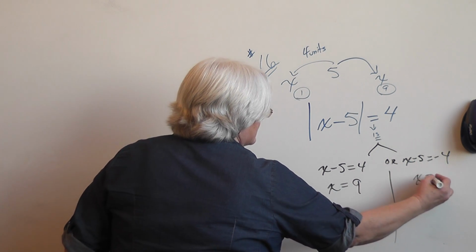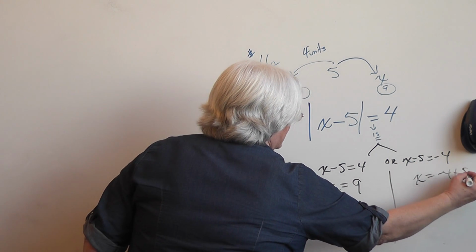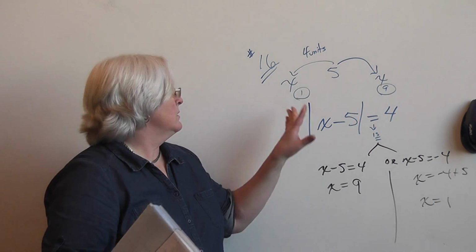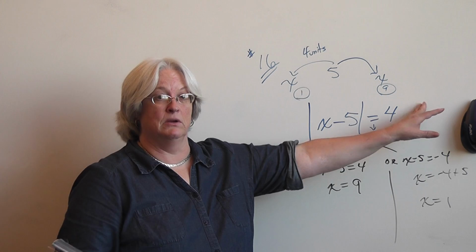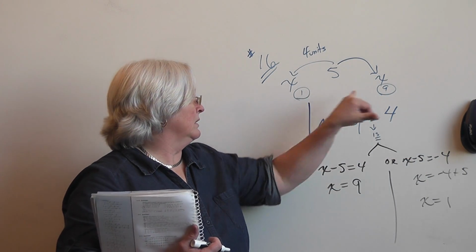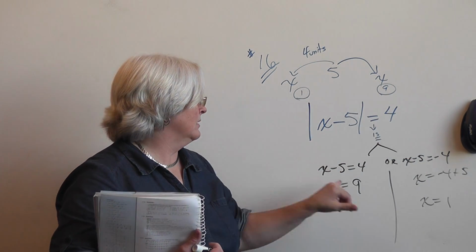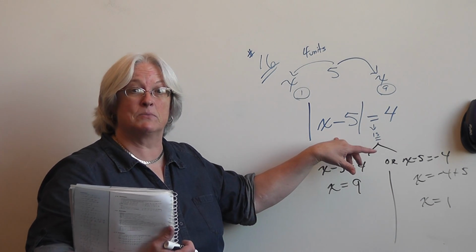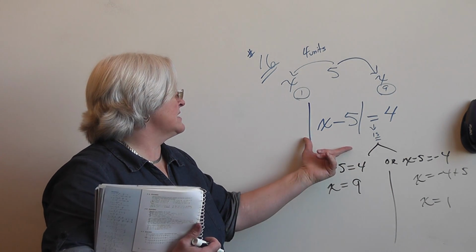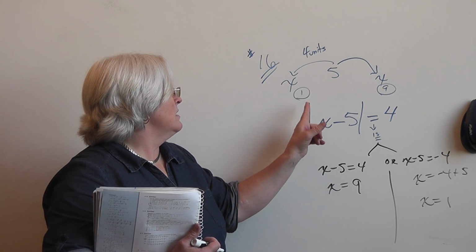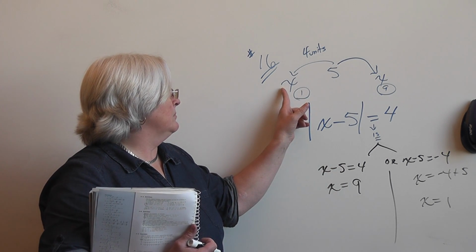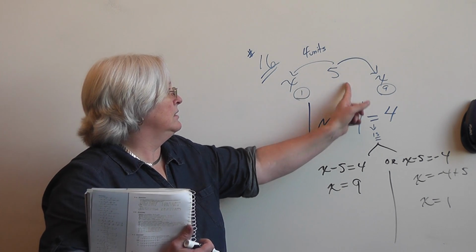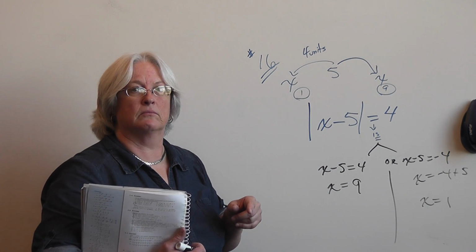Or x is equal to negative 4 plus 5. x is equal to 1, which is exactly what we calculated the values to be. And it was borne out here when we solved the resulting absolute value equation. This says the distance from some number to 5 is 4. Okay?